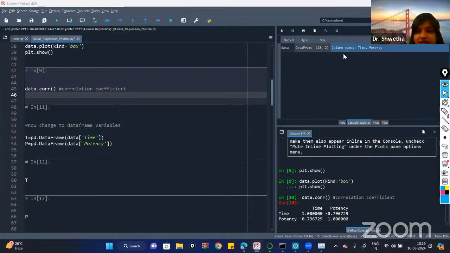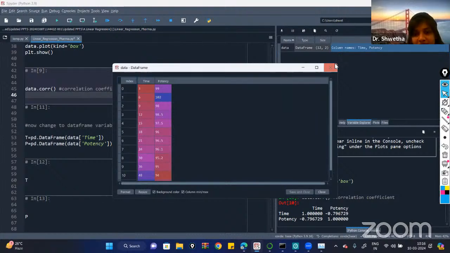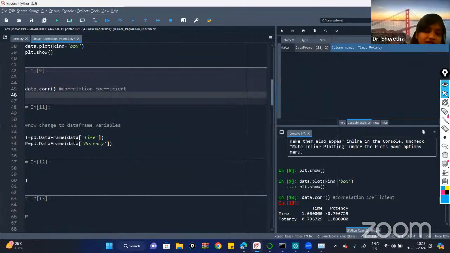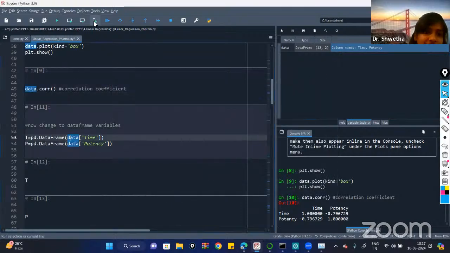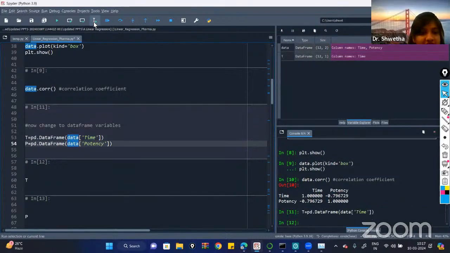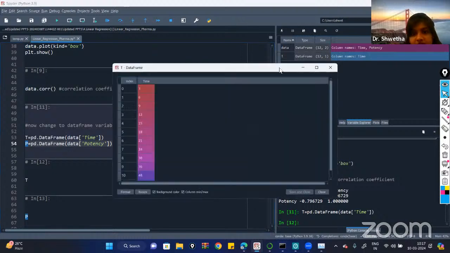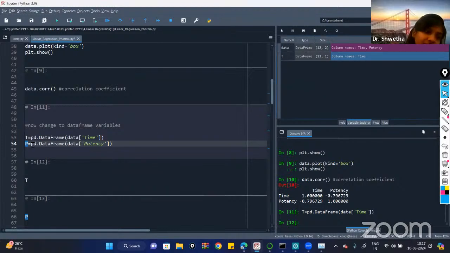Let me execute this. This is our data frame, which has time and potency, with around 12 rows and 2 columns. Now the same thing we are converting into 2 data frames. T would be our first data frame. So you can see only the time column is taken and put into a data frame called T. Next, we are creating another data frame with the potency column.